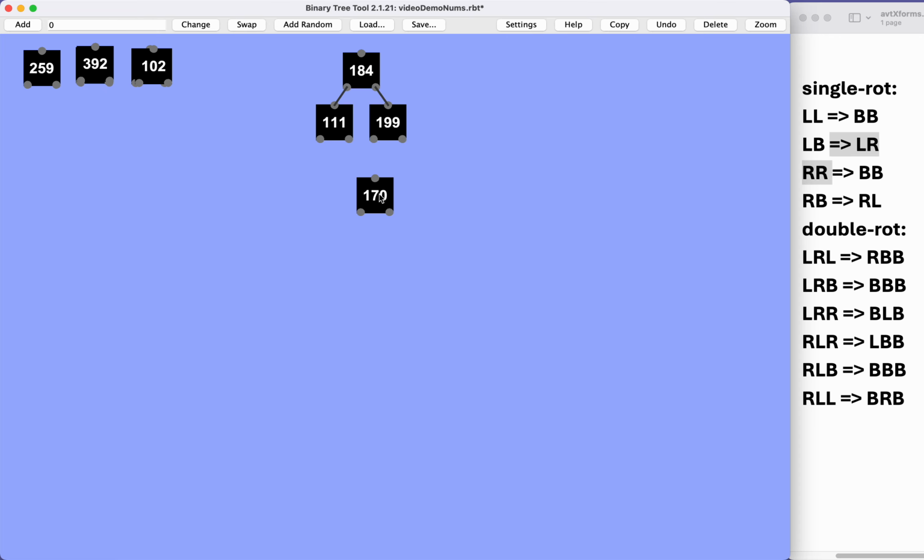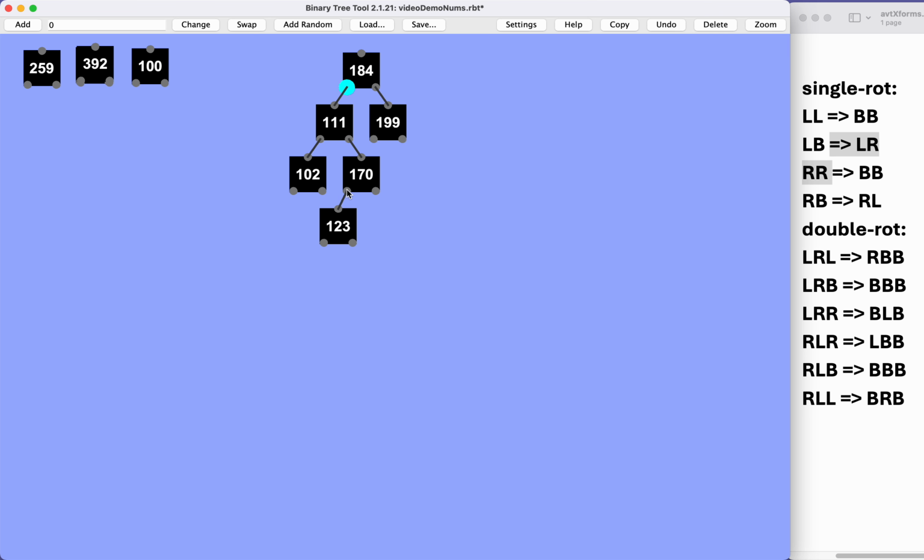170 ends up inserting right here. I see tree size increases, actually all the way up. 102 ends up going here. That has grown, therefore this guy goes from right to balanced. 123 goes here.